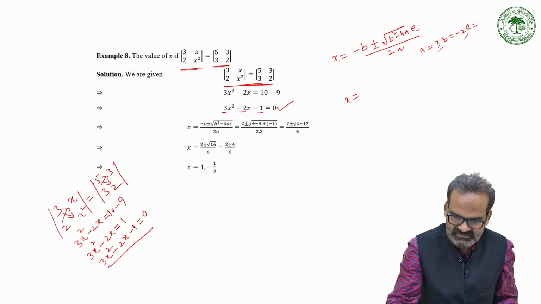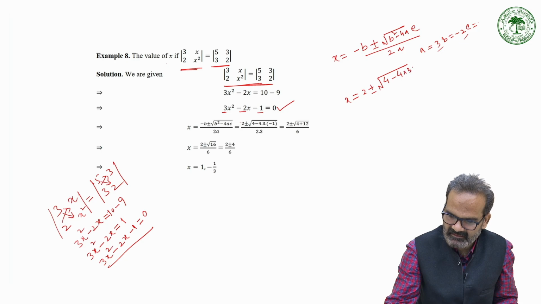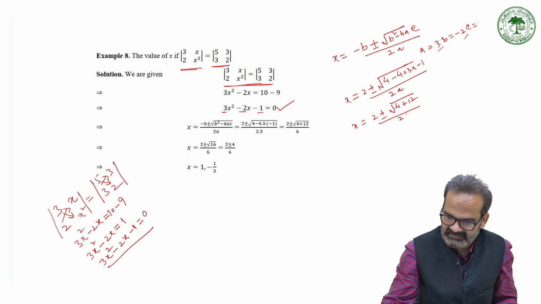So, we will get here 2 plus minus root, b is minus 2, so b square is 4, minus 4 into a, which is 3, into c, which is minus 1, divided by twice of a. Now, this can be written as 2 plus minus root of 4 plus 4 into 3, that is 12, divided by 2a, 2 into 3, that is 6.